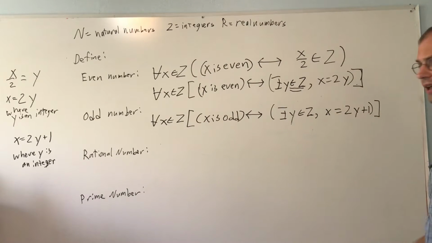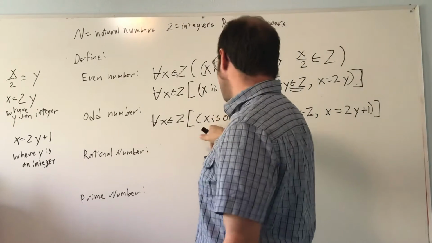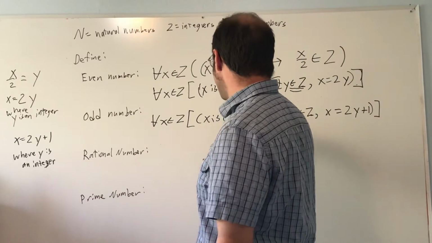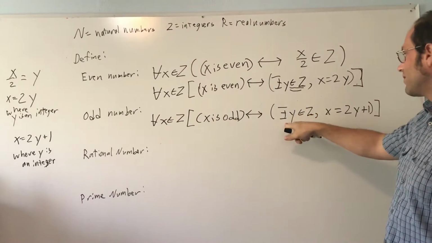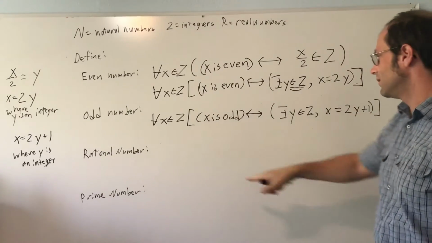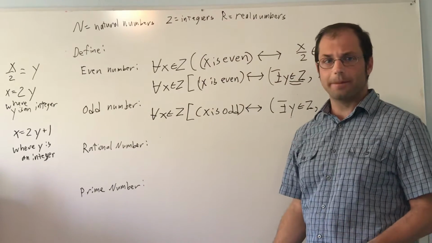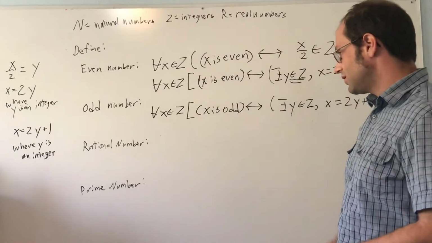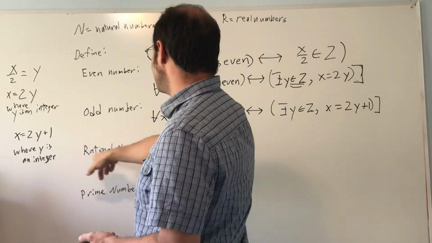You add 1 to that, you get negative 65. And so, regardless of what x is, as long as x is an odd number, you'll always be able to find some other integer that you multiply by 2 and add 1, and you get that same odd number. All right? Okay.